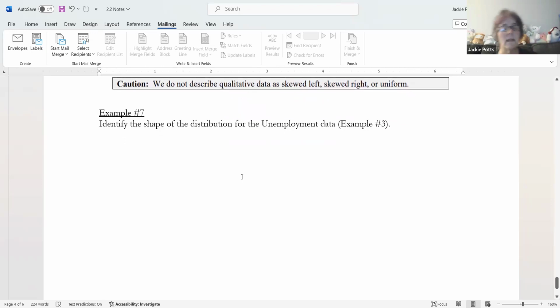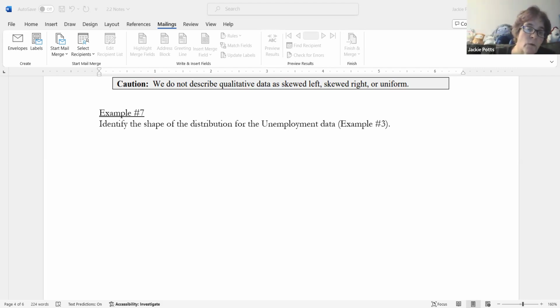All right, and the last example is, let's look at the shape of the unemployment data. So I'm going to go back over to StatCrunch. And even though it's no longer up, you notice there's a 13 above this. If I come down and select results, until I close totally out of StatCrunch, it keeps everything I've done.